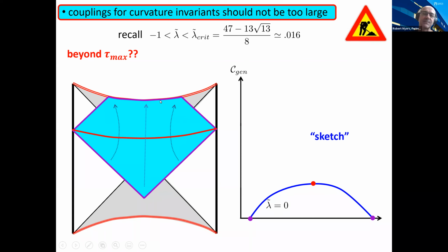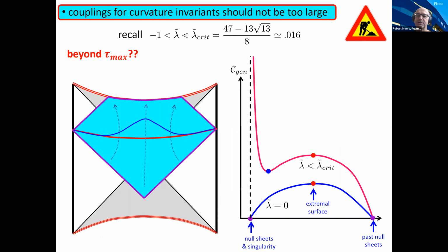Then as I sweep up towards the top of the Wheeler DeWitt patch, I get 0 volume along the light sheet, 0 volume along the singularity, and then 0 volume along the light sheet again. And so I get this structure in this slice through my moduli space. At the boundaries it's a minimum, and there's definitely a maximum in the interior, so we weren't confused at all. And that's just naming those points.